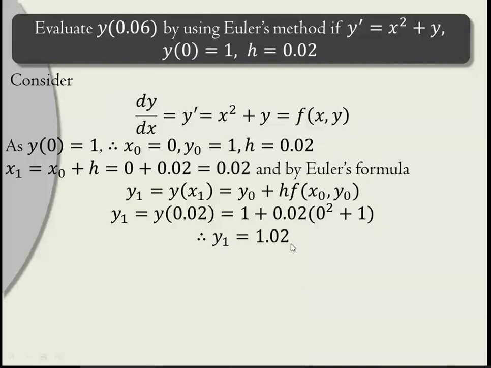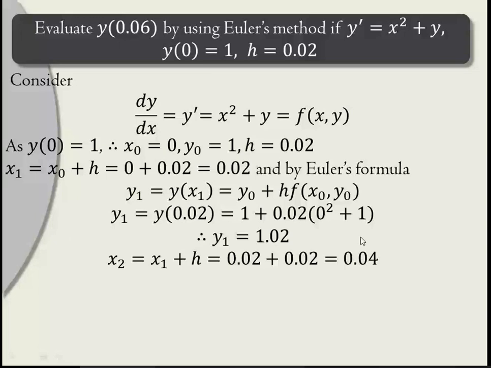But what we want is y of 0.06. We got y of 0.02. So we have to do further calculations. So the next term will be x2. We got x1, now take x2. We have to continue until we get 0.06. Previously x was 0, then we got 0.02, now we got 0.04.